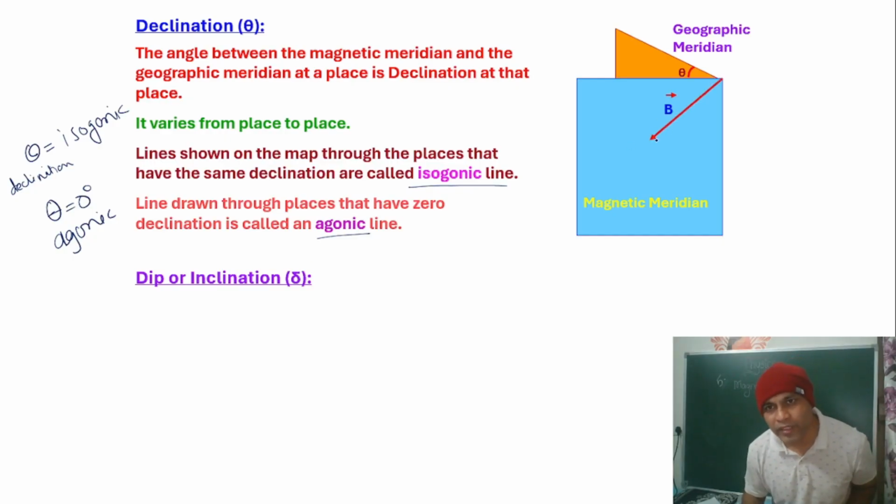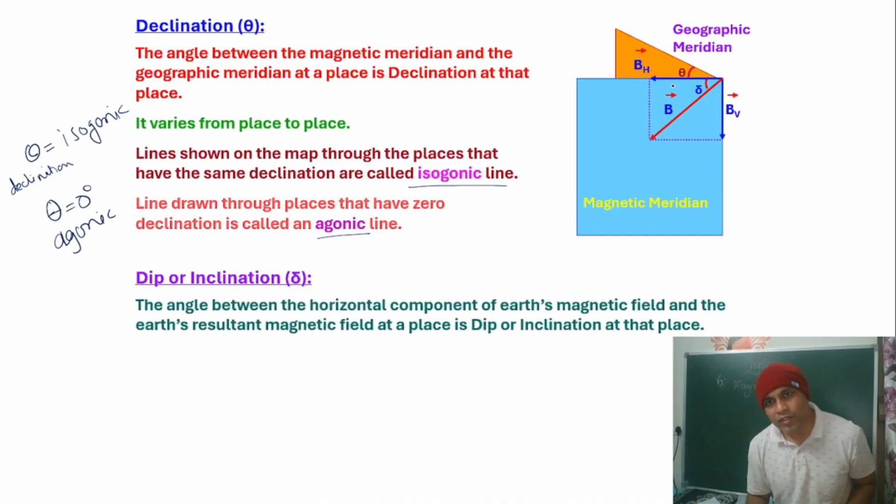The magnetic field is drawn from the geographic meridian at an angle theta, with a horizontal component and a vertical component of the magnetic field.